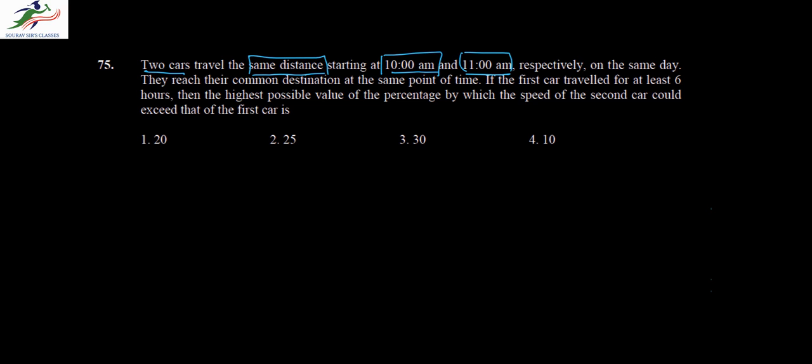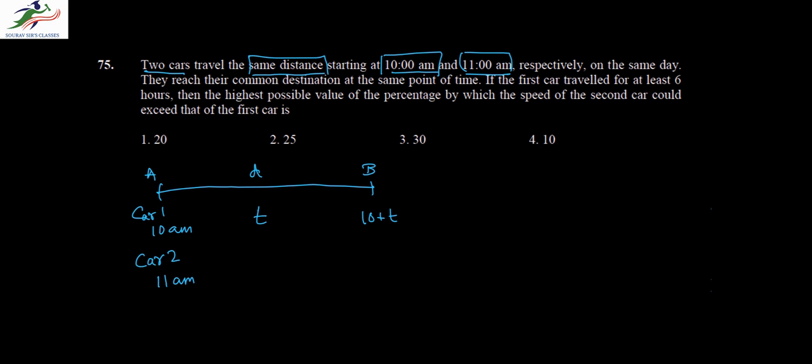So, let's say we have 2 points A and B, at a distance D, and car 1 starts at 10 a.m. and let's say it takes t hours, and therefore it reaches B at 10 plus t hours, and car 2 starts at 11 a.m. and it also reaches the destination at the same time. So car 2 also reaches at 10 plus t.